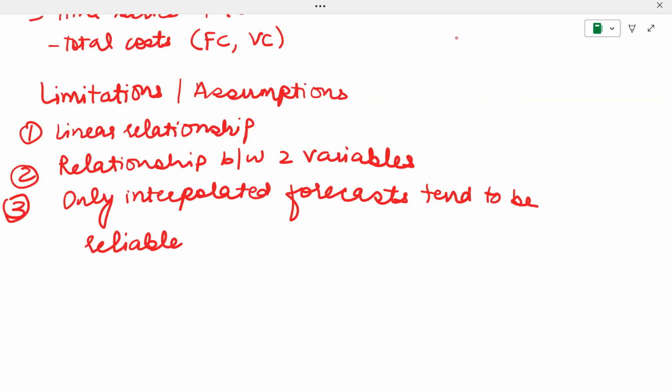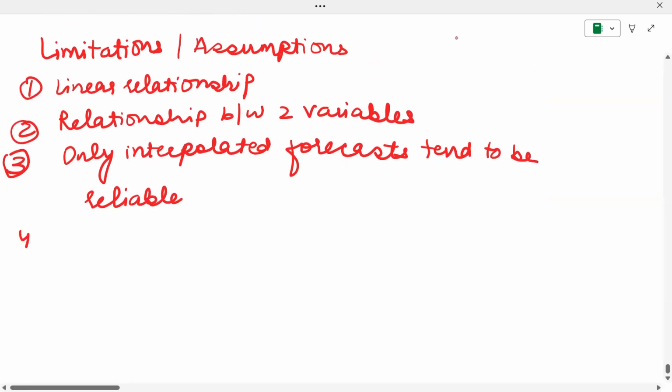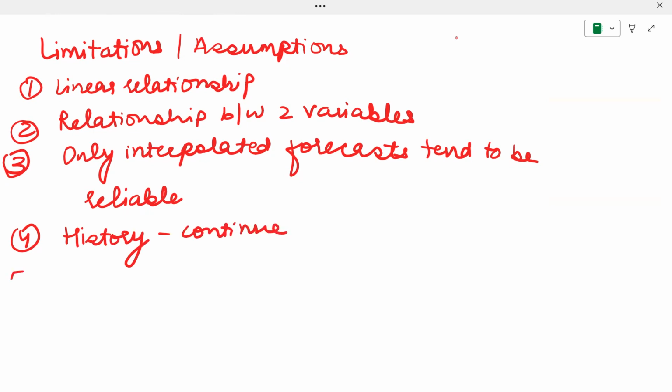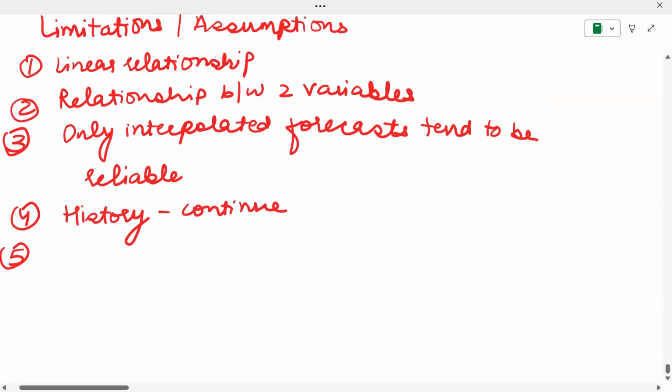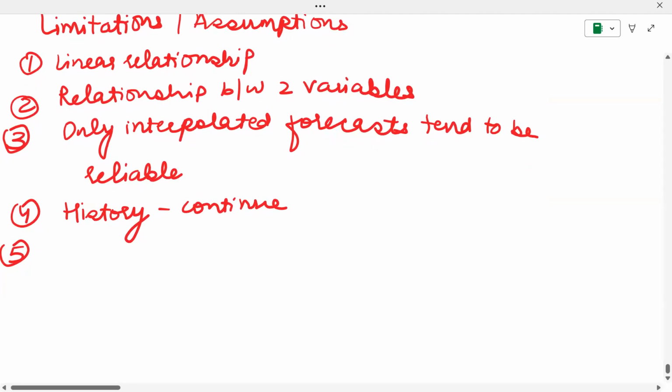Another disadvantage, so we have a long list over here, is that it assumes that the historical behavior continues in the future. So basically, history will repeat itself. Another disadvantage is that predictions are only reliable if there is a significant correlation.